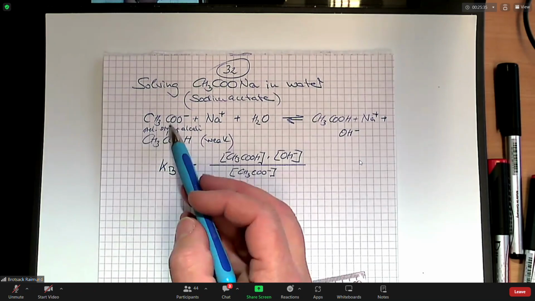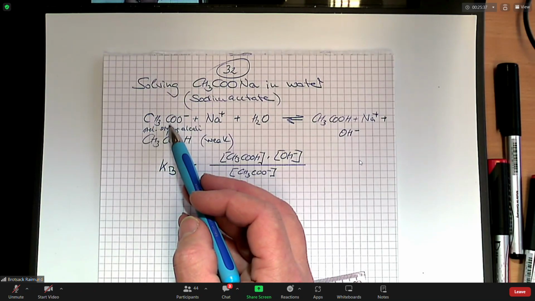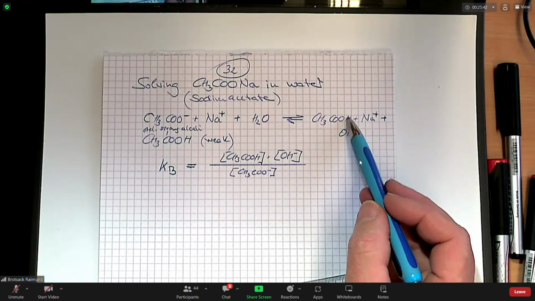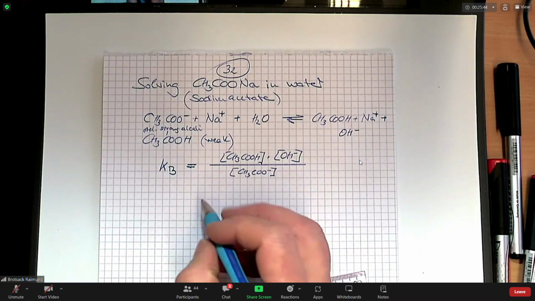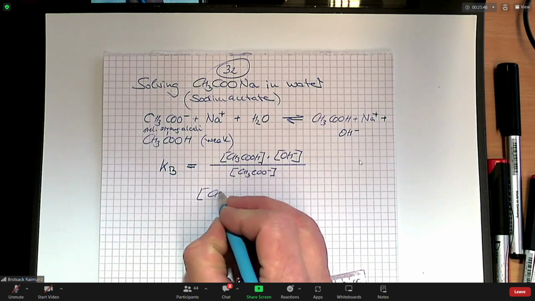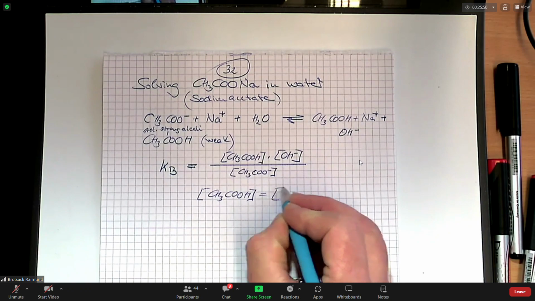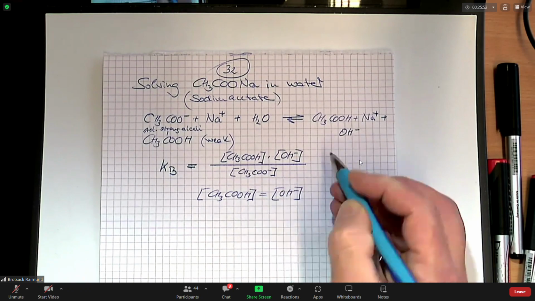When it is reacting, we have a 1-to-1 situation again of the acid and the OH-. So the concentration of the acetic acid must be the same as the OH- because it is built 1-to-1.